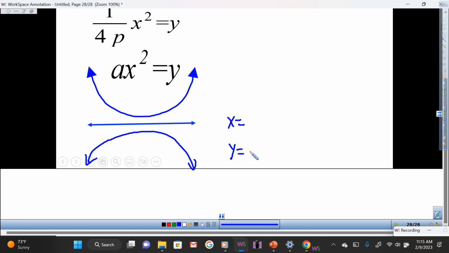The directrix: x equals or y equals? All right, Alyssa, go. That is correct. It's not an x, it's a y, because a y goes what? From side to side. We saw that on the warm-up. Is that correct?